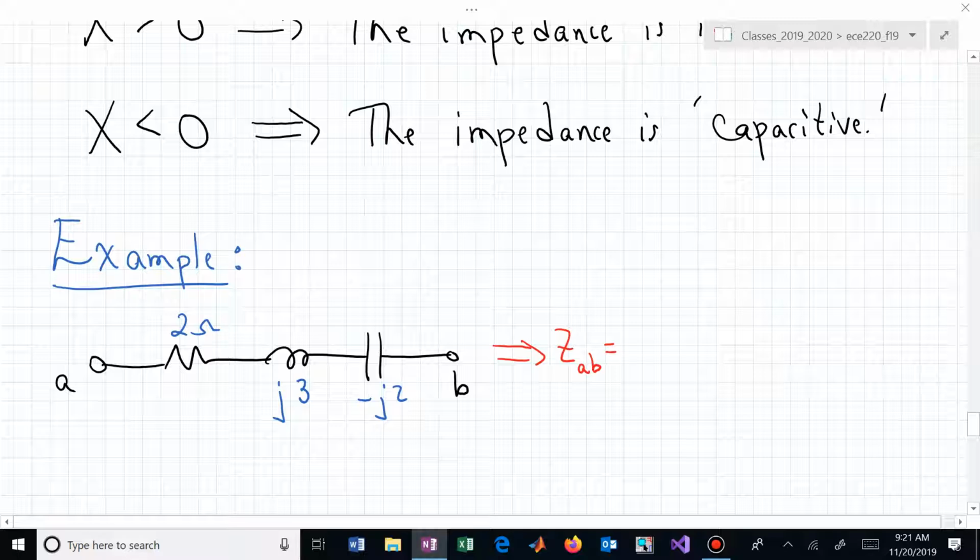Suppose now somebody combines a resistor, inductor, and a capacitor. A resistor, an inductor, and a capacitor walk into an ECE 220 class with various values, and in this particular case, the resistor is 2.